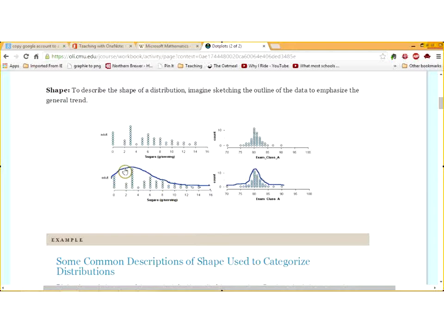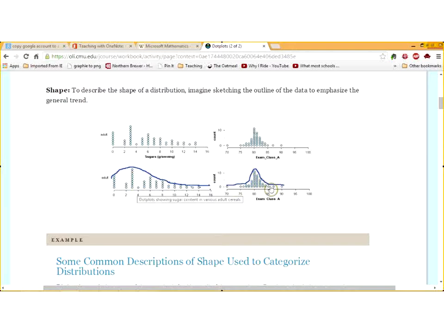What you sort of do is trace a smooth curve over the tops of the bars, and that can help you determine the shape. The one on the left has its peak on the left-hand side, and then it tails off to the right, but not very far to the left. Well, that long tail tells us the shape of that graph is right skewed, or sometimes skewed to the right.